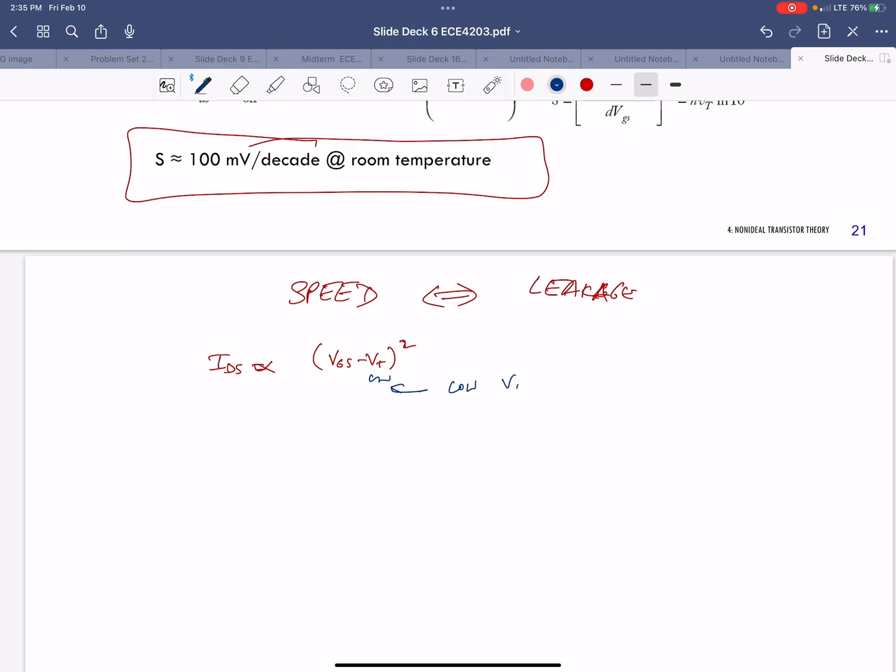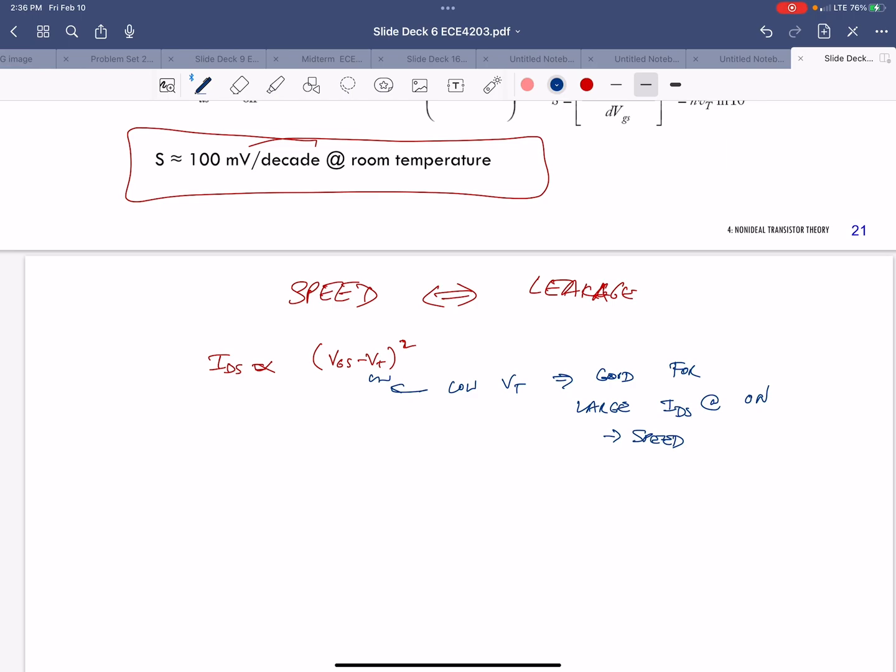Low VT is good for large IDS at on, and therefore maybe for speed. A lot of times, good for speed. So you want low VT to go fast when you're on.